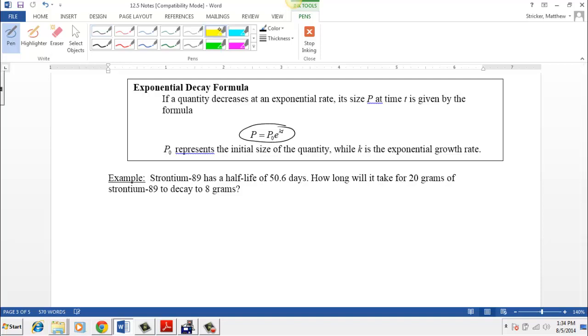And we have some new terminology in this problem. We've never before talked about what half-life means. So let's go ahead and define that. Half-life is defined as, I would add this to your notes, the time it takes for a substance to decay to half of its original amount.